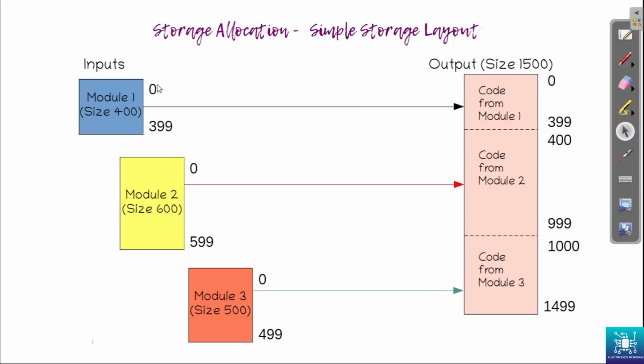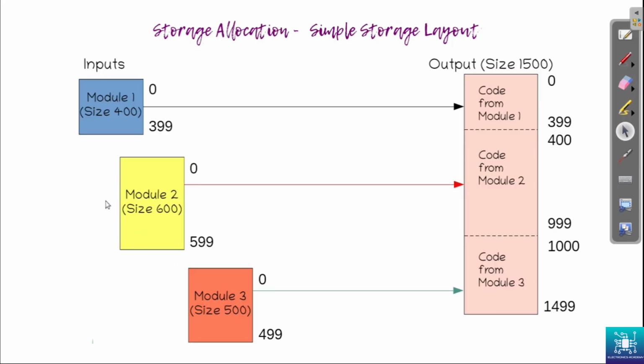Naturally, it will leave the first input file's addresses from 0 to 399, and it will start adjusting the address of the memory locations for the second file and third file respectively. So for example, 0 to 599 becomes 400 to 999, and 0 to 499 becomes 1000 to 1499.